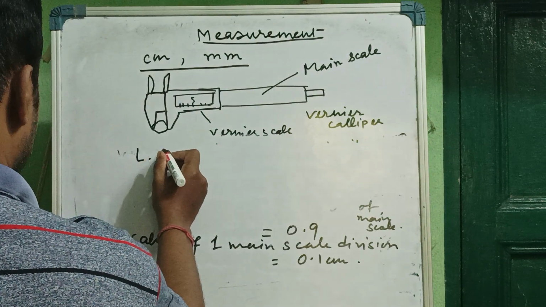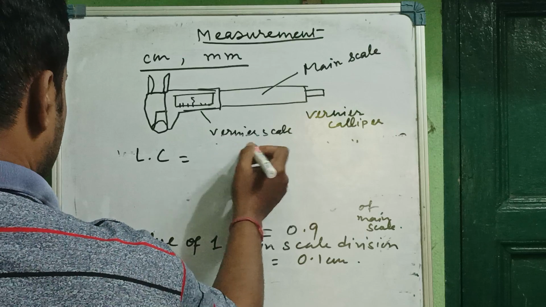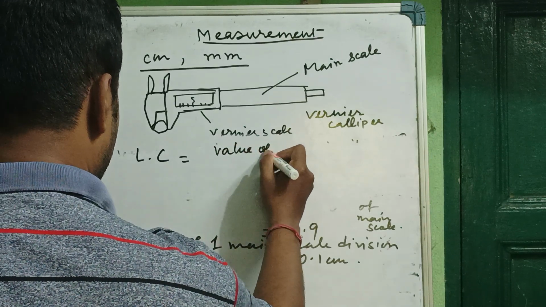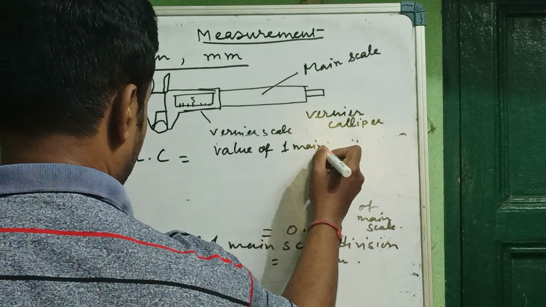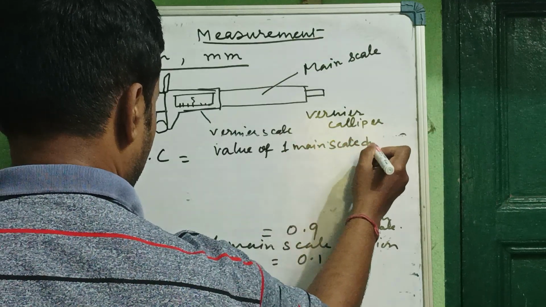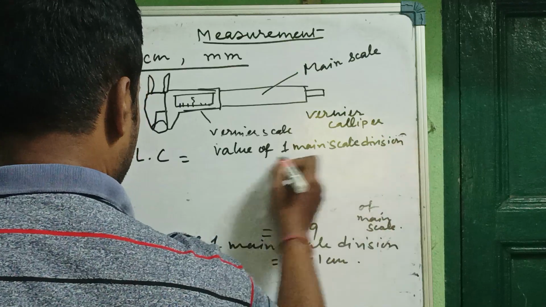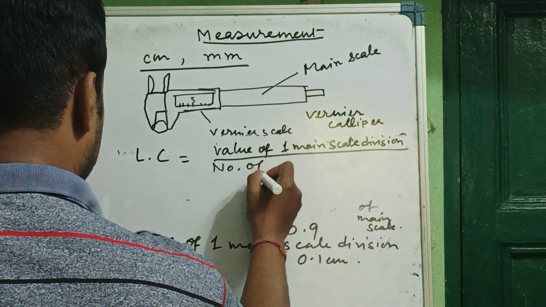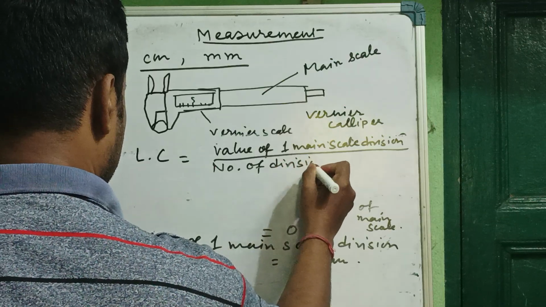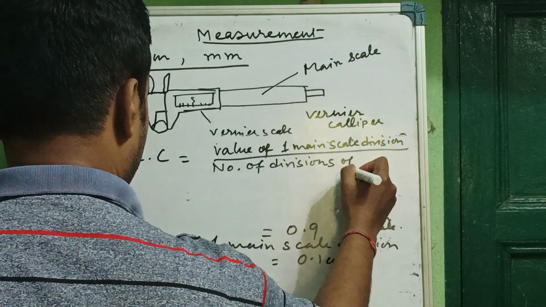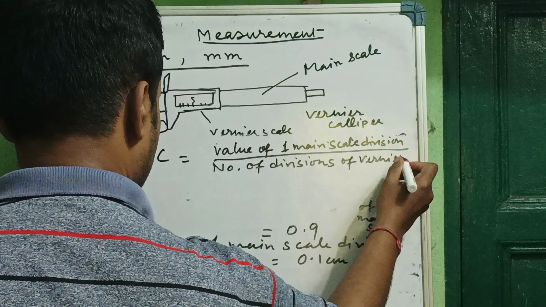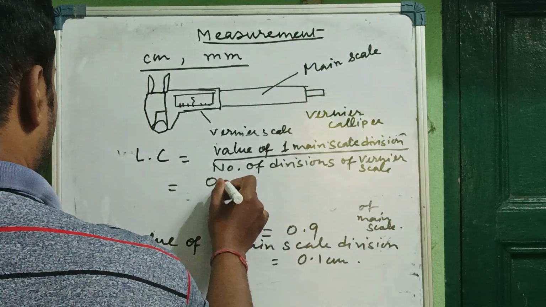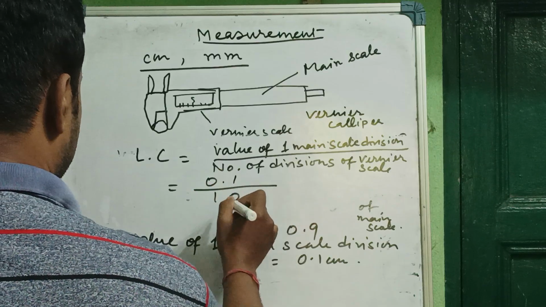The least count is the value of one main scale division divided by the number of divisions of the Vernier scale. The value of one main scale division is 0.1 and the number of divisions of the Vernier scale is 10.